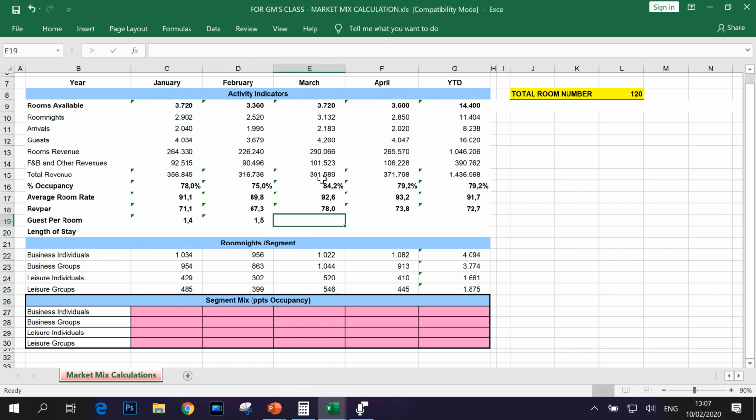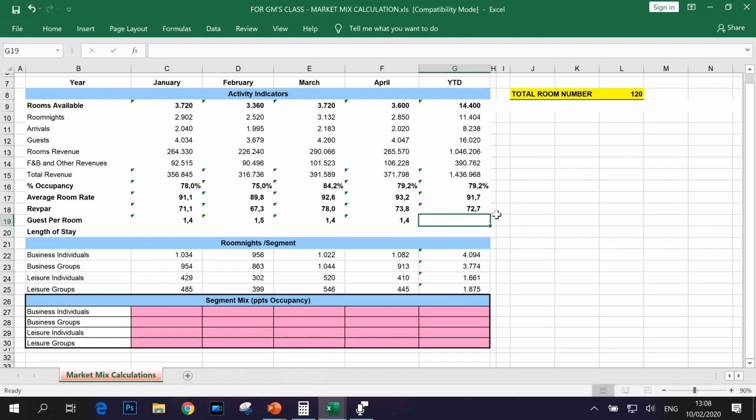And March, our guest per room equals total guest number 4,260 divided by total rooms sold, 3,132 rooms. Same as January, 1.4. April, we have a total guest number of 4,047 divided by the number of rooms sold in April, which was 2,850.